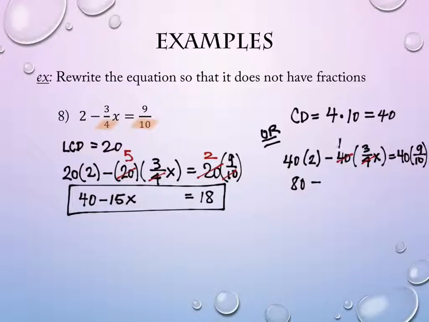It's division, right? 40 divided by 4 would be 10. So then I have 10 times 3, which would be negative, well, the negative's already there, but would be 30x. And on the right-hand side, the 40 and the 10 will give me a 4. Again, 40 divided by 10 is 4. And then 4 times 9 is 36.